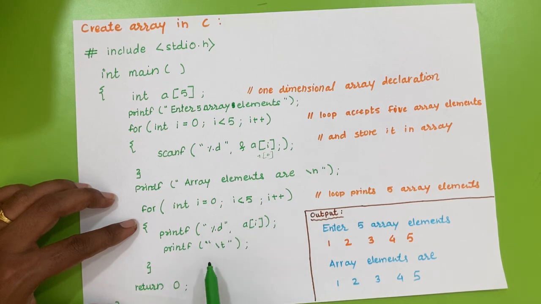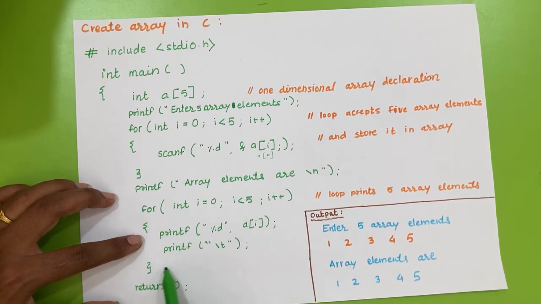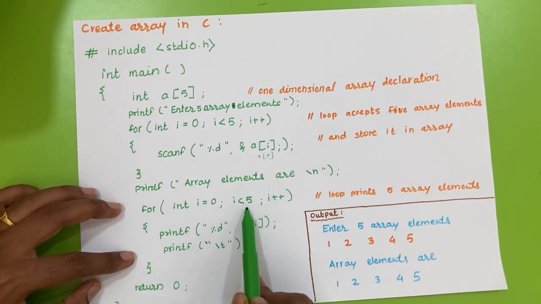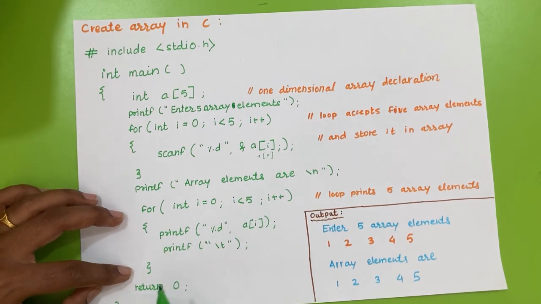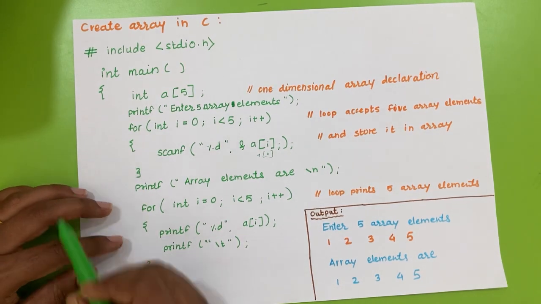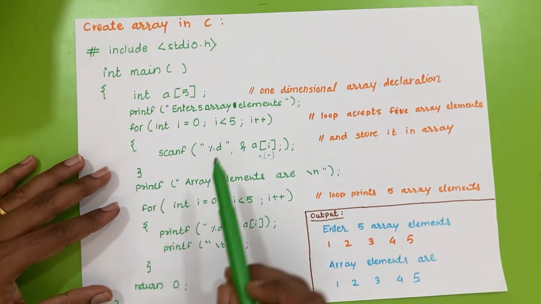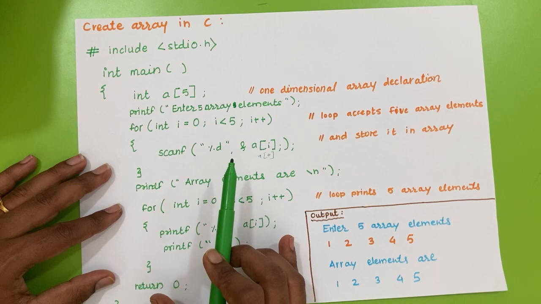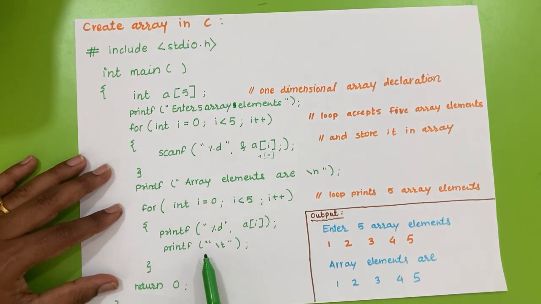In between these two I want a tab space, that's why I have included \t here, and this loop will repeat 5 times. When the condition is not satisfied, it will come out of the loop and return 0.